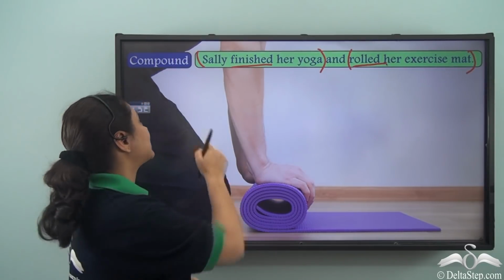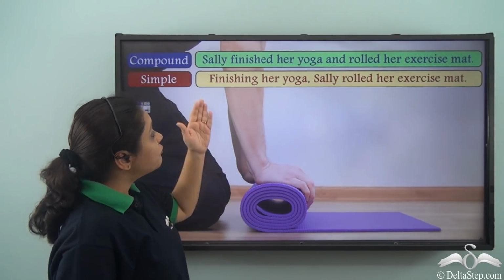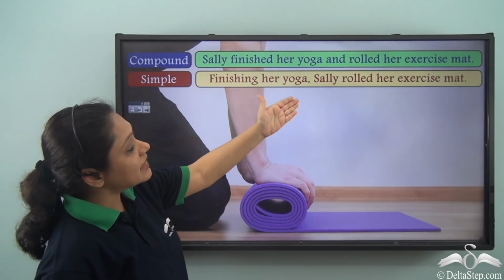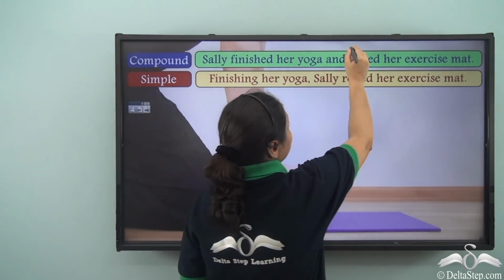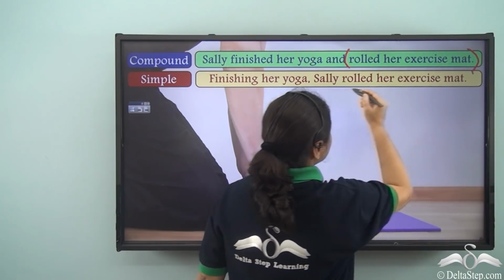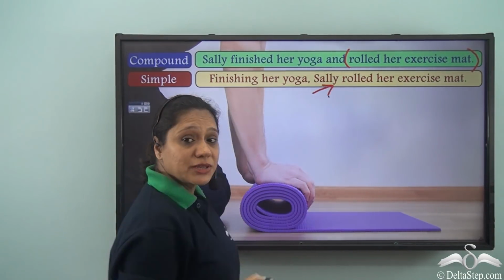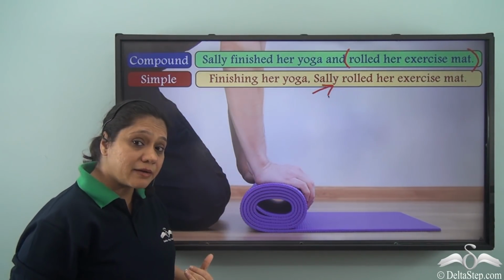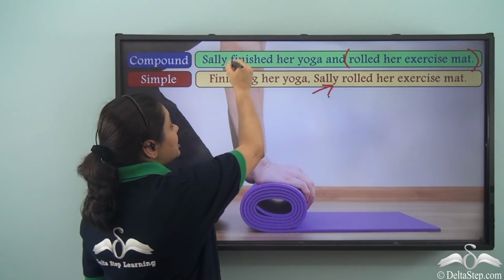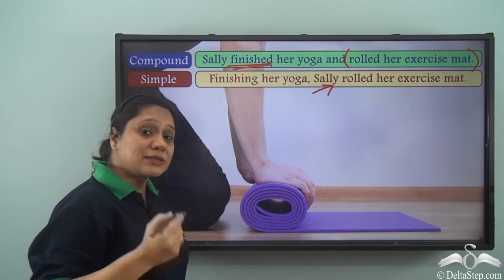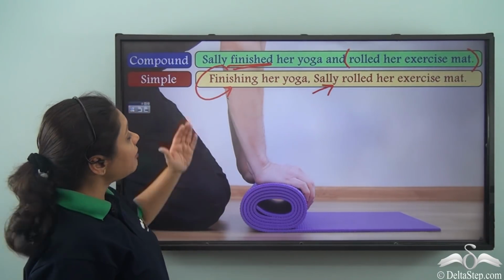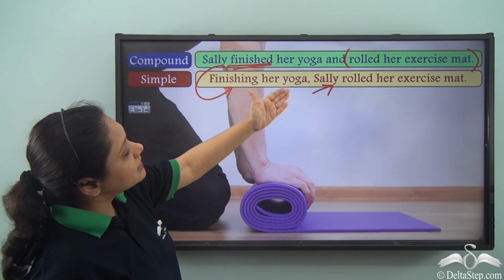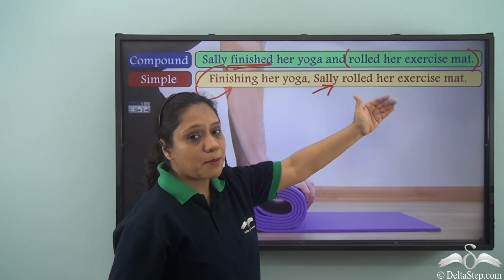We will write it as finishing her yoga, Sally rolled her exercise mat. So we have kept this part as it is. We have just included the subject here to make the sentence clearer, and we have changed finished to its non-finite form, finishing. So we have finishing her yoga, Sally rolled her exercise mat.